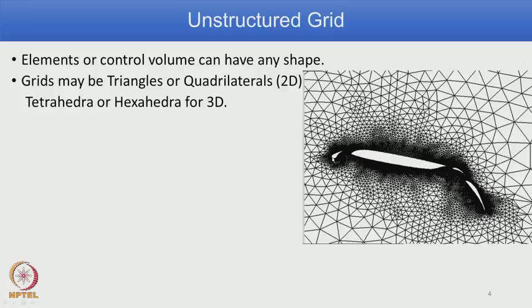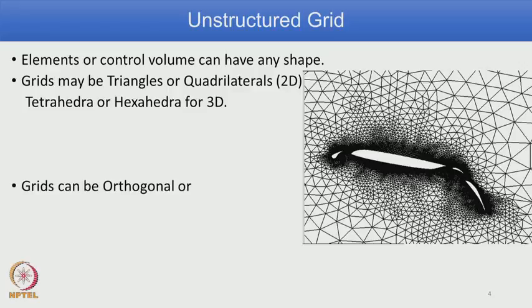Here the flow passes an aerofoil with a front portion as well as an attachment on the back portion. As you can observe here, we have elements of different shapes. It is usually a triangle or quadrilateral for the case of 2D, or tetrahedra or hexahedra in the case of 3D.